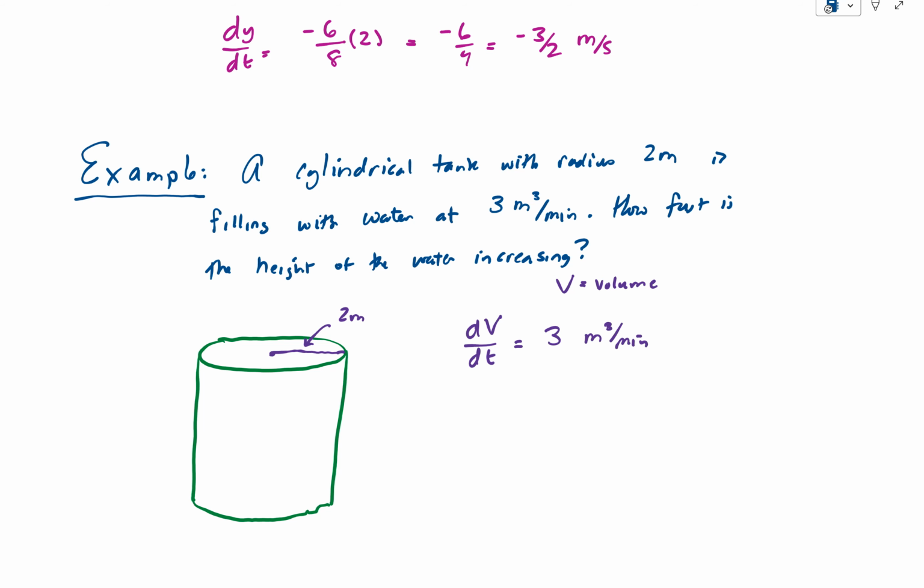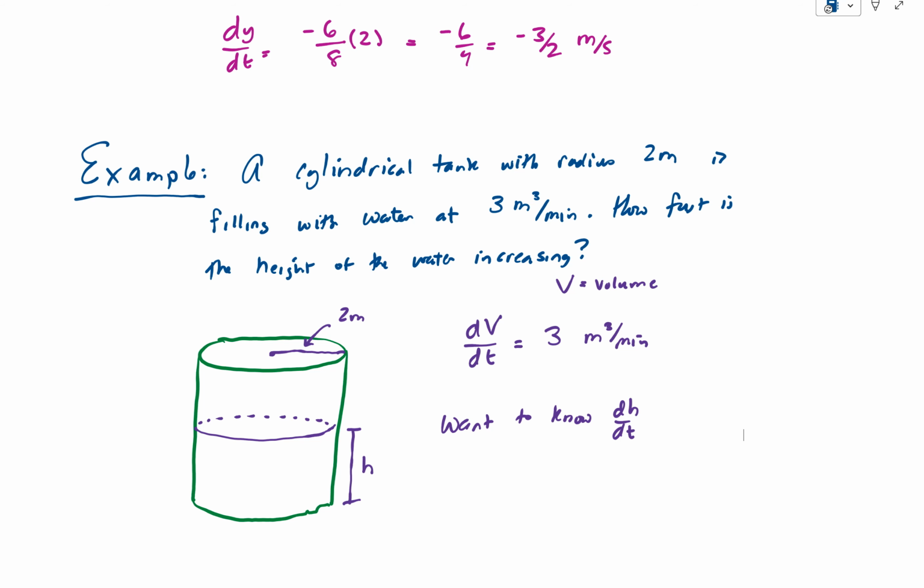And so then what I'm looking for here is, say this is the level of the water, so let's call the level of the water H. So we want to know dH dt when H is equal to 2. Oh wait, no, sorry. We don't have any H there.